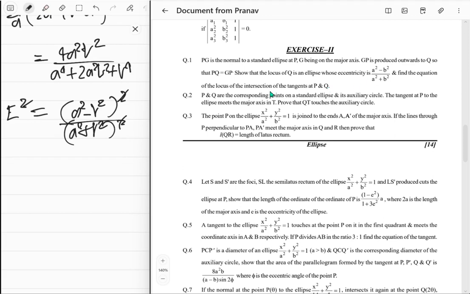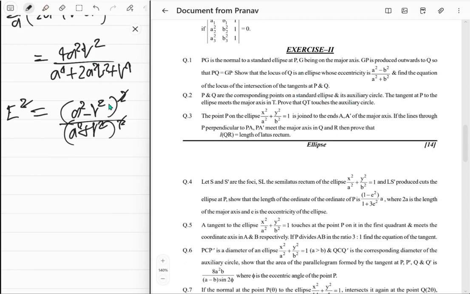It's cool. And find the equation of the locus of intersection of the tangents. So this part is done. Also finding the equation of the locus of intersection of tangents at P and Q. What? At P and Q. But Q is just random, I mean, tangent at Q to what?